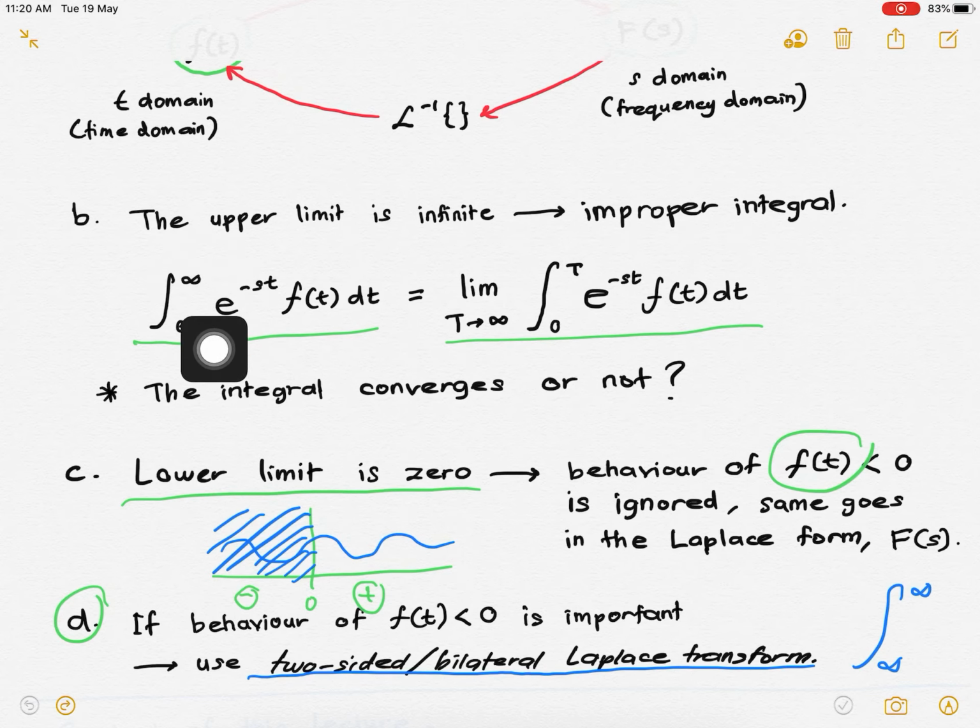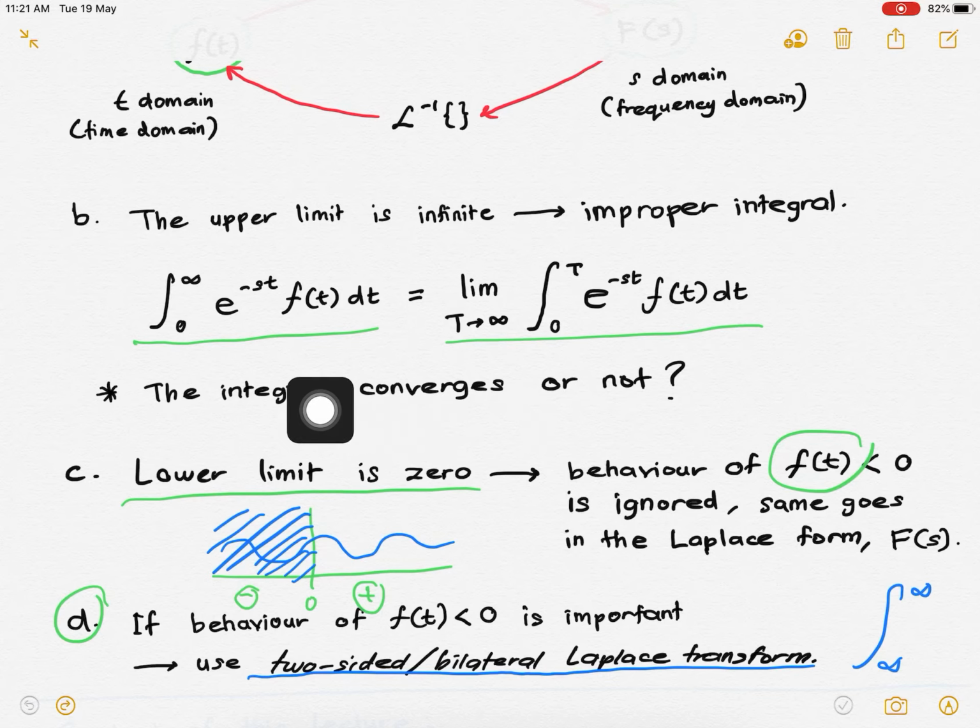So the limiting case is t approaching infinity, so we replace infinity with t, and after we do the integration, we replace t and 0 inside the integral, and we want to see whether the function will diverge or converge.